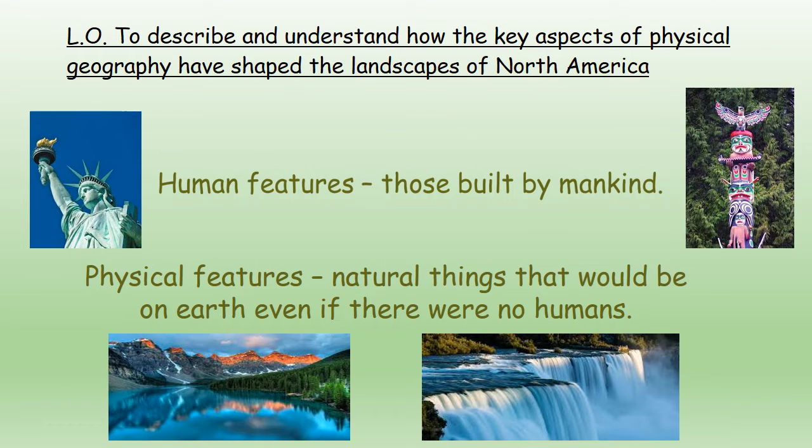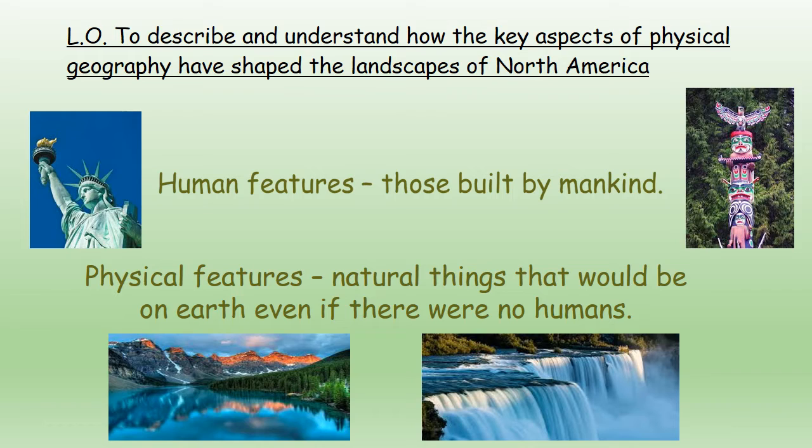Today's learning objective is to describe and understand how the key aspects of physical geography have shaped the landscapes of North America. And I know that in your last lesson you were learning the differences in physical geography and human geography.